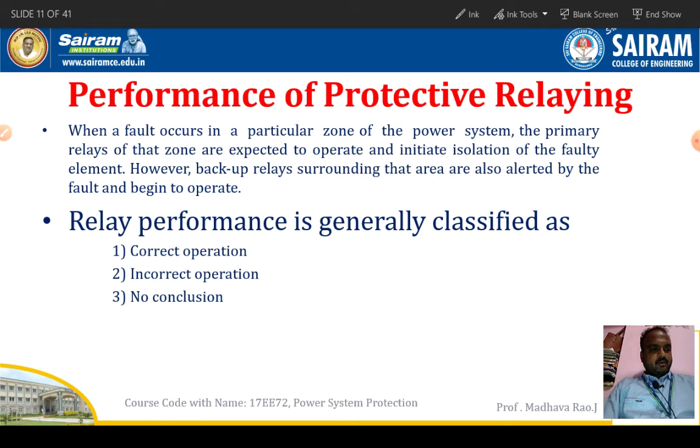Then no conclusion. When one or more relays have or appear to have operated, sometimes backup relays and primary relays both operate. So which relay operated? Either the primary relay or the backup relay operated, so there is no conclusion.